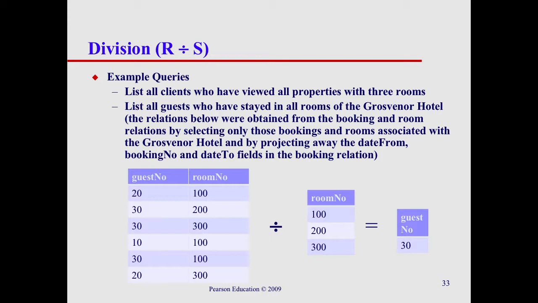Then I might have a date from and a date to. So then I would have a 2-column divisor. So yeah, it can be 2 columns, but usually it's going to be a single column.